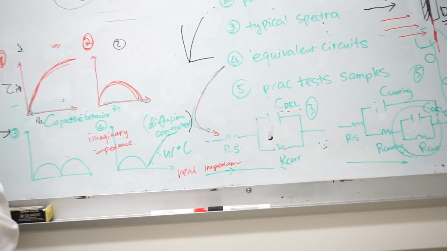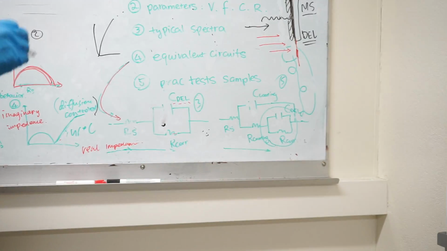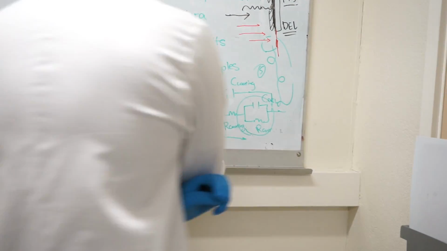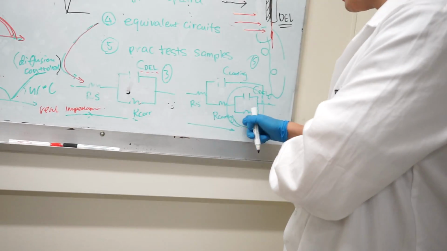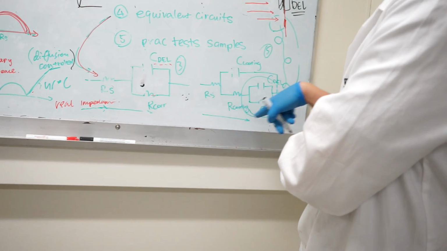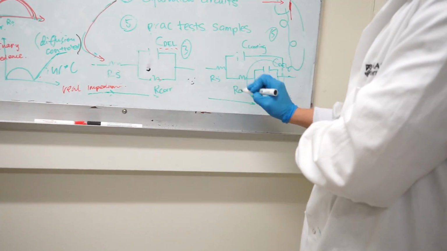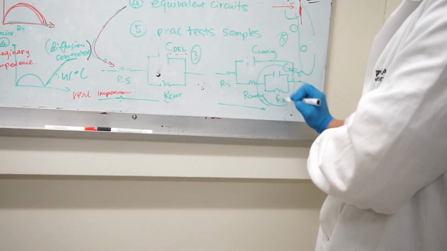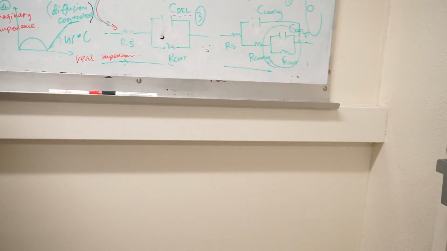Now in the case of the scribed one, if you have damage on your coating, you now have two signals coming. One is from the coating and the other one is from the double layer. So you have this typical circuit where you have the solution resistance, the coating resistance and capacitance, and the double layer capacitance and resistance. That's why you have two semicircles, because you have two more elements in the system.